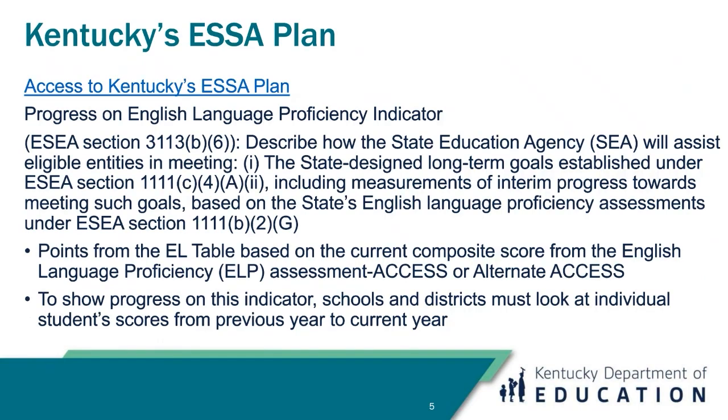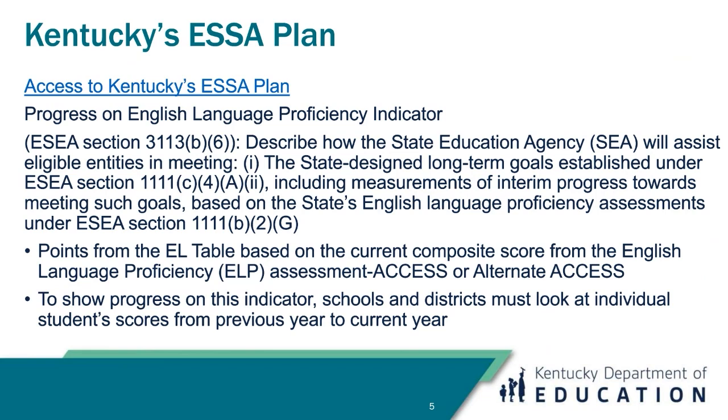Kentucky's ESSA plan is based upon the progress on English language proficiency indicator. That's one of the components of our Kentucky Every Student Succeeds Act plan. You will notice that it does cover the points from the EL table based on the current composite score from the English language proficiency assessment on ACCESS and also Alternate ACCESS.